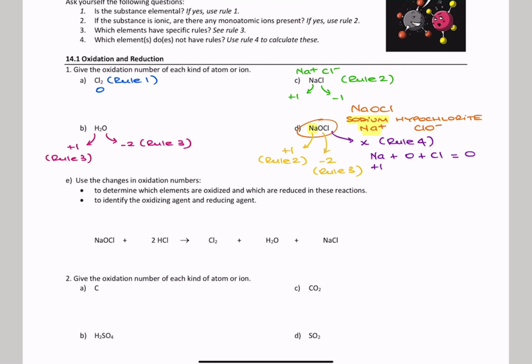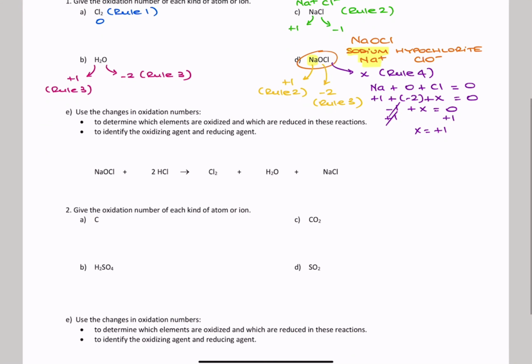Sodium is +1, oxygen is -2, chlorine is unknown, and the sum of these oxidation numbers should be equal to 0. Therefore, +1 - 2 + X equals 0, and we're going to add +1 on each side. Therefore, X is equal to +1. And the oxidation number of chlorine in sodium hypochlorite is +1.